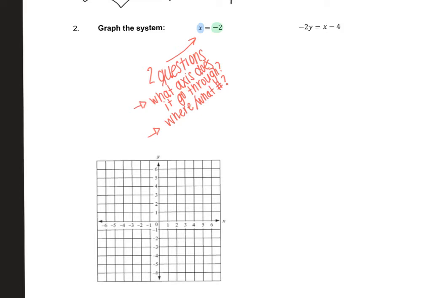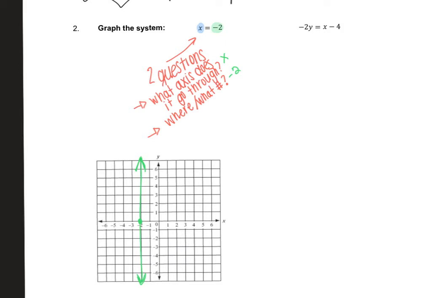So if it goes through the x at -2, it looks like a straight vertical line at -2, right? What axis does it go through? It goes through the x at -2.